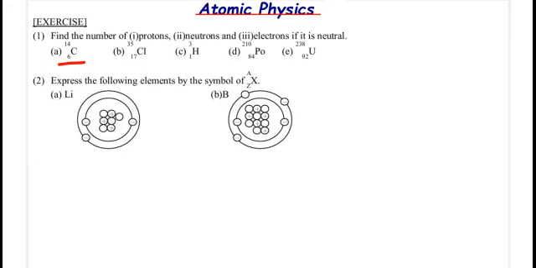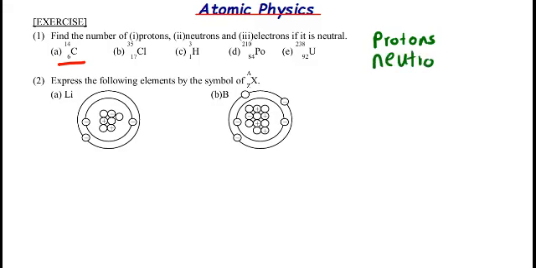Now, just a quick introduction and also a recap of the structure of an atom. We remember that an atom is the smallest particle of an element that is capable of taking part in a chemical reaction. And then we also understand that this same atom is made up of three subatomic particles that we call protons, neutrons, and electrons.